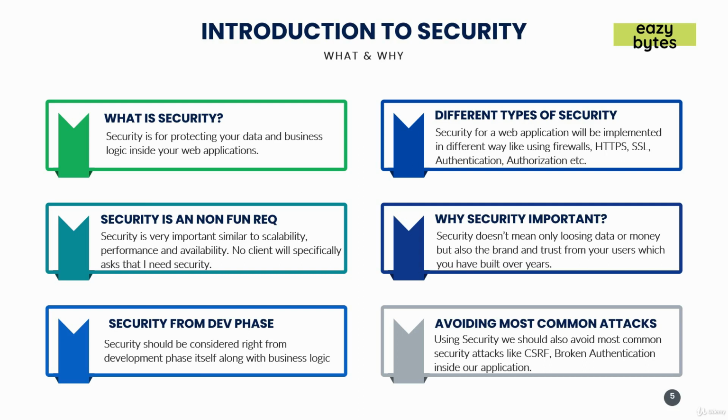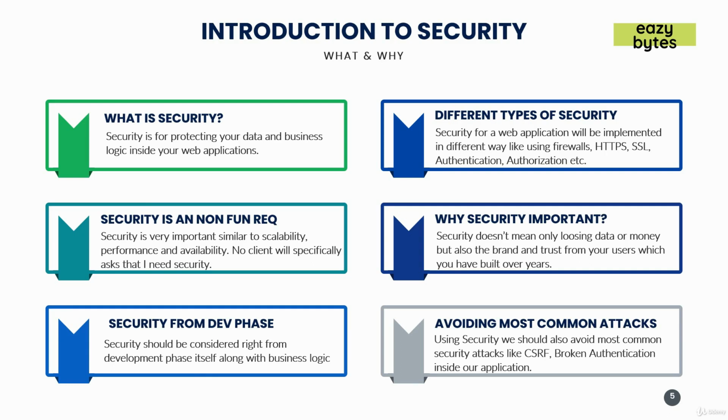But coming to the backend code, it's very crucial to protect that, and at the same time the data that is staying inside your database also we need to protect. In order to do that, we follow many security measures which we will be discussing in future lectures. For now, please remember security is protecting your data and business logic present inside your web applications.